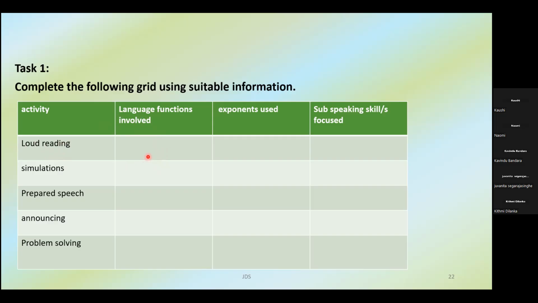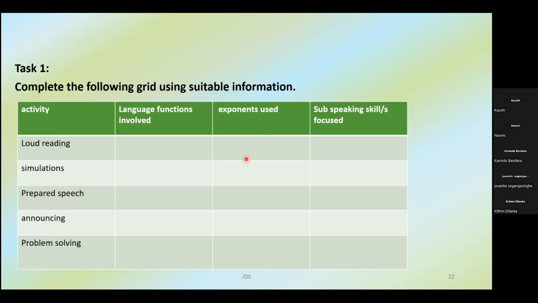When you read aloud, is it fluency and pronunciation? Clarity of speech, right? Yeah, you can attribute fluency as well. Accuracy, pronunciation, fluency, right? All those can become a part of loud reading.